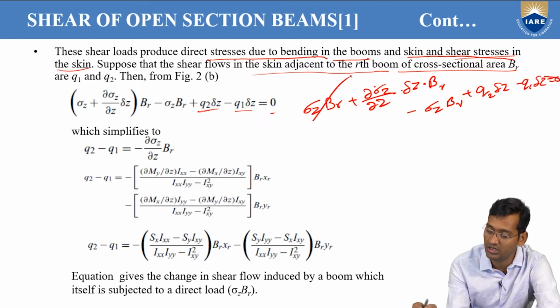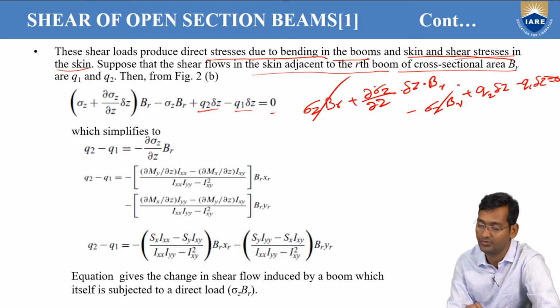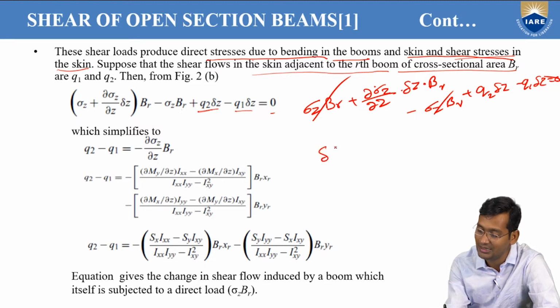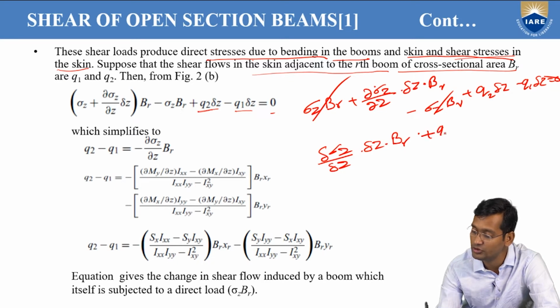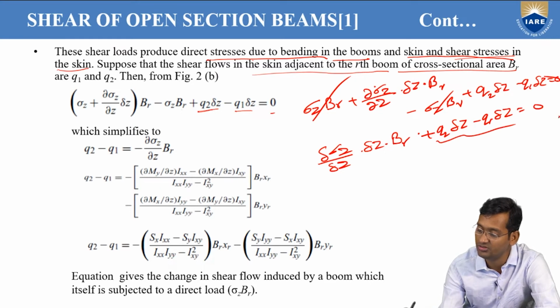Now sigma z BR gets cancelled. What we get is del sigma z by del z into del z into BR, plus Q2 del z minus Q1 del z equals 0. Take these two terms to this side.